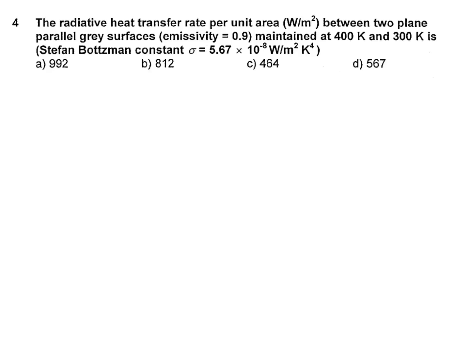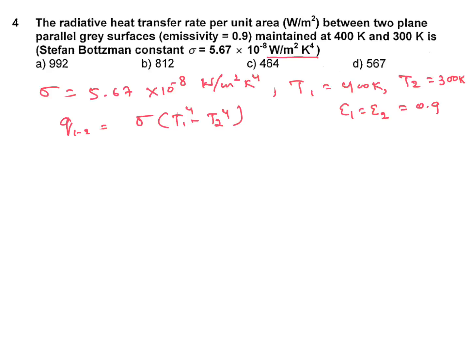heat transfer rate per unit area, so Q by A, is sigma (T1 to the power 4 minus T2 to the power 4) divided by 1 by epsilon 1 plus 1 by epsilon 2 minus 1. So first the lower part we will do here.